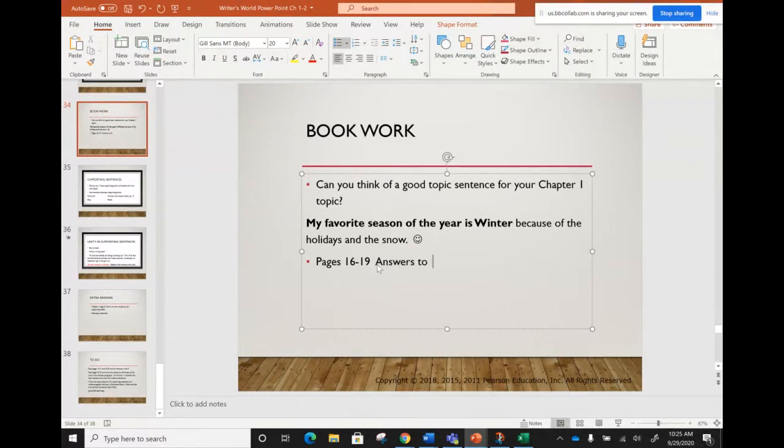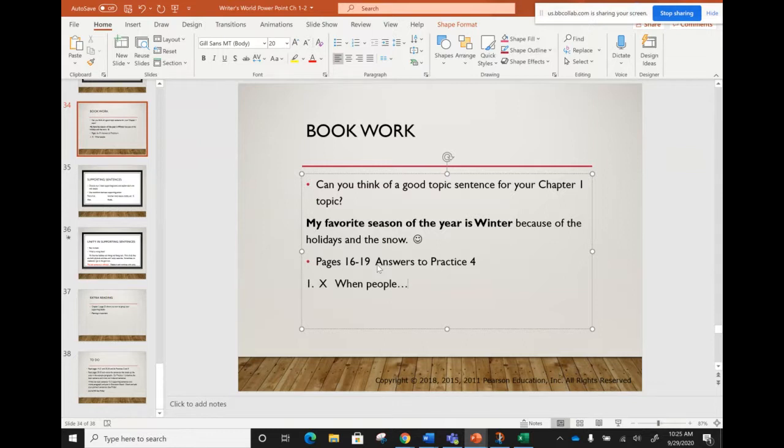Answers to practice 4. Okay, so the number 1 is the second sentence. Now can you circle in that sentence?